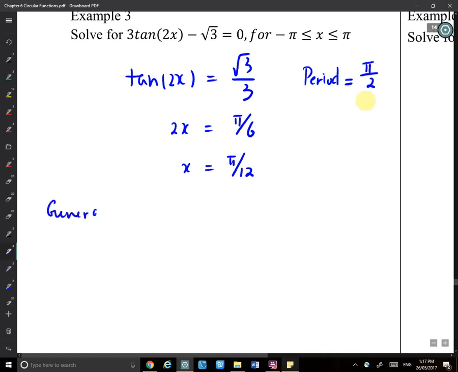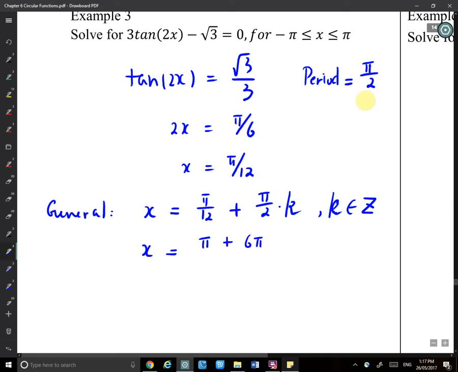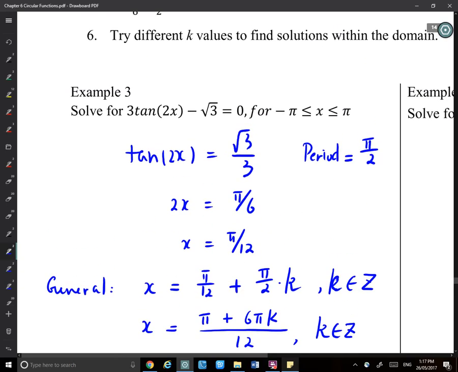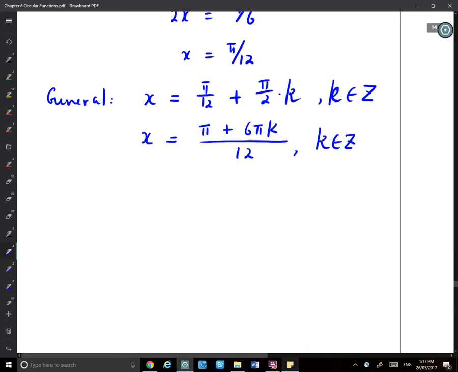So the general solution will be x equals the first base angle plus pi over 2 times k, where k belongs to Z. Important, k belongs to Z. And I can say x equals (pi plus 6 pi k) over 12. I want to make the same common denominator. And I will try, so the domain is negative pi to pi. Domain is negative pi to pi.